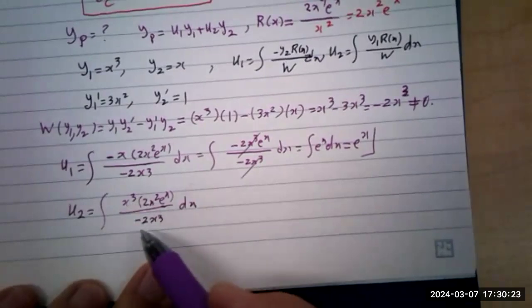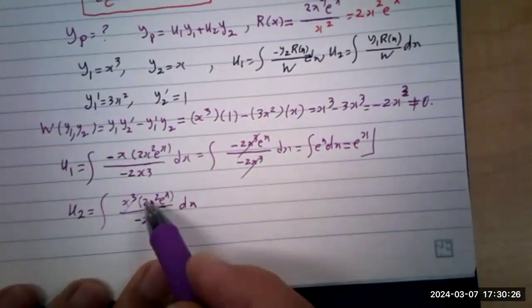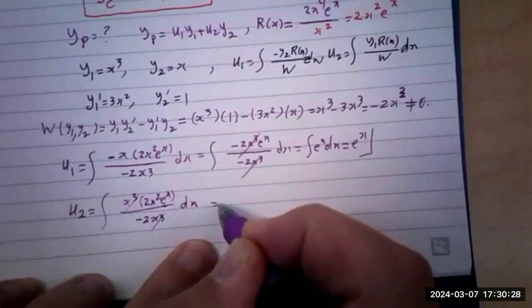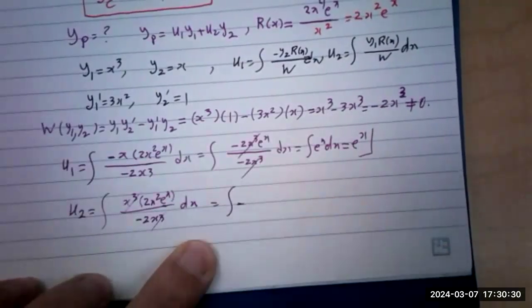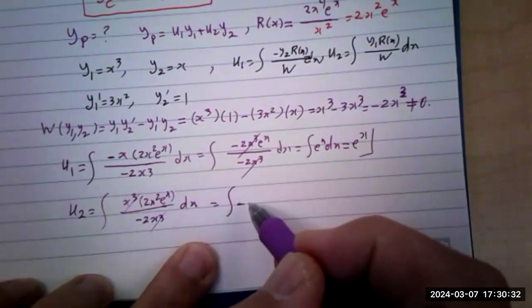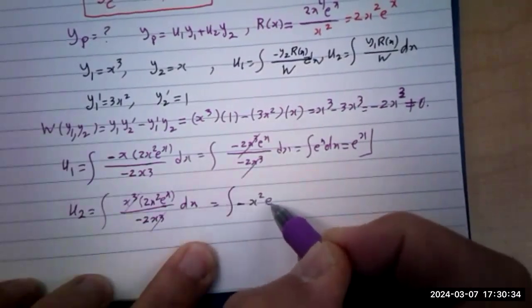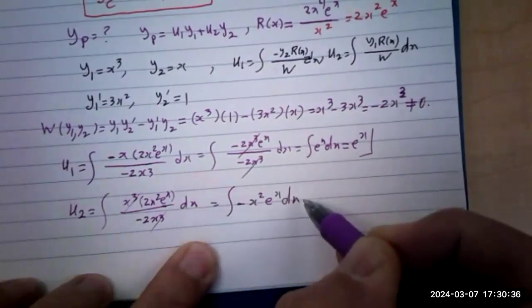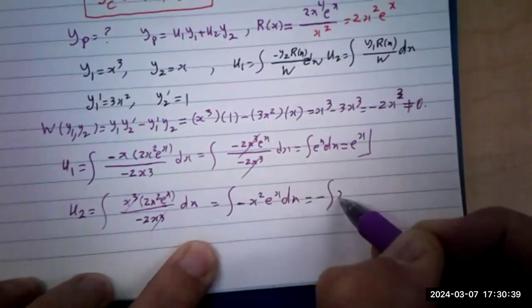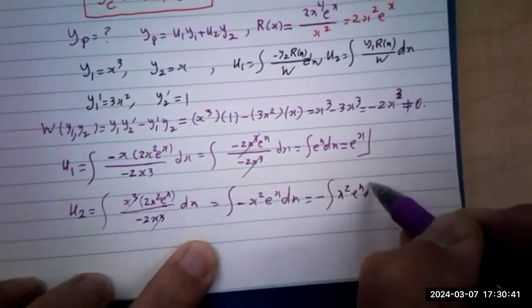We can cancel out the x cubed and x cubed, 2 and negative 2. So it's going to be negative x squared e to the x dx. You can pull out the negative sign.